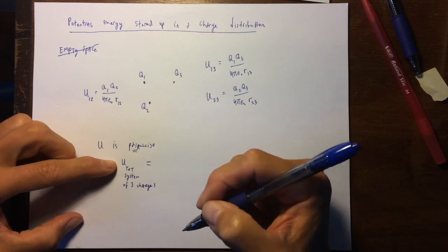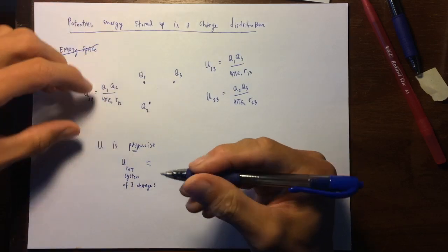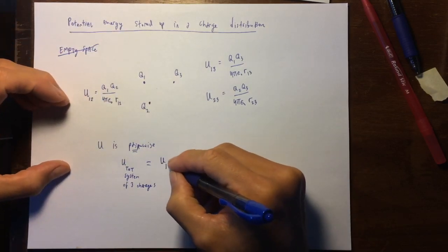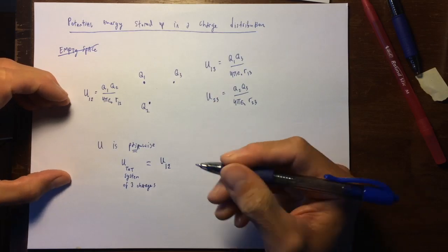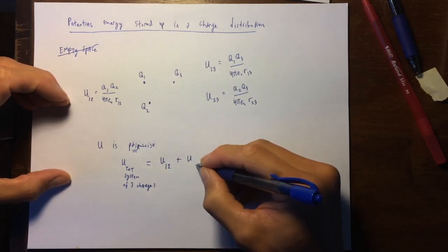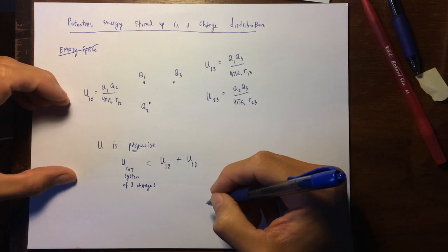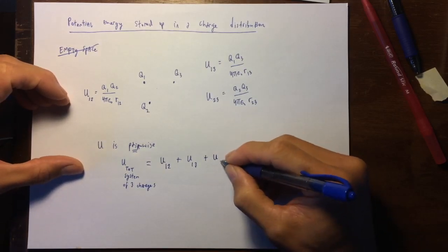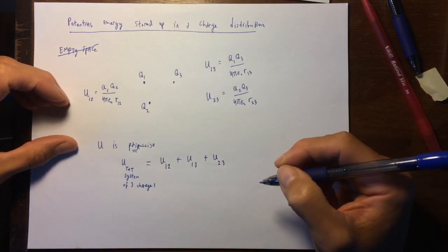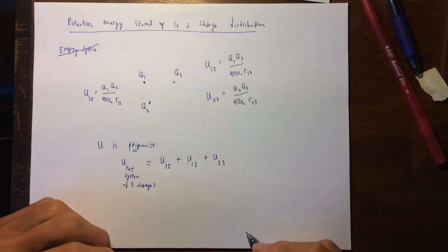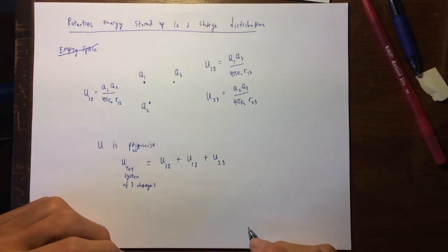The total potential energy of the system is equal to the potential energy because 1 and 2 are interacting, plus the potential energy between 1 and 3's interaction, plus the potential energy between 2 and 3's interaction. And so this is how you would add up the total potential energy of a system.